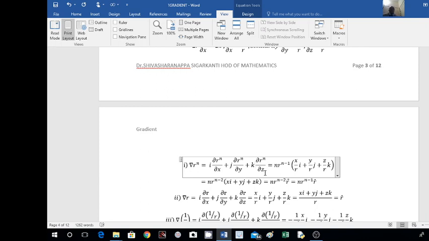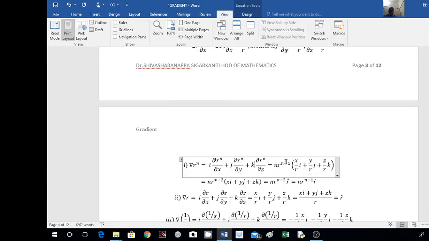So this is equal to, what is the differential of r power of n with respect to x? r power n derivative is n into r power of n minus 1 into x by r, plus j into the derivative of this with respect to y, which is n into r power of n minus 1 into dou r by dou y, which is y by r, plus k into dou by dou z of r power n, which is n into r power n minus 1 into dou r by dou z, which is z by r.